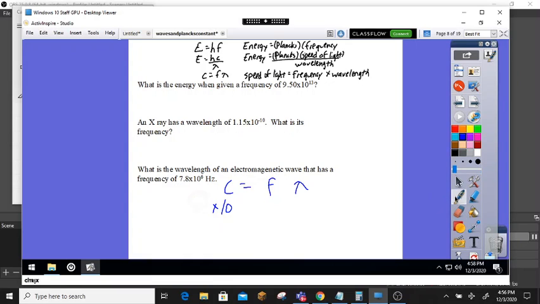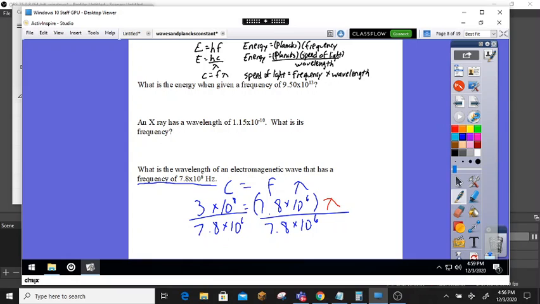This is 3. That 8 was in the wrong spot. Equals, they're giving me the frequency, and we're solving for wavelength. So let's divide that whole thing by 7.8 times 10 to the 6. This whole thing cancels.